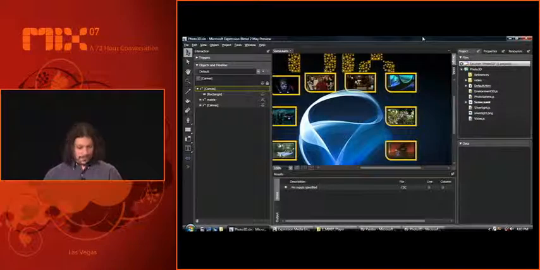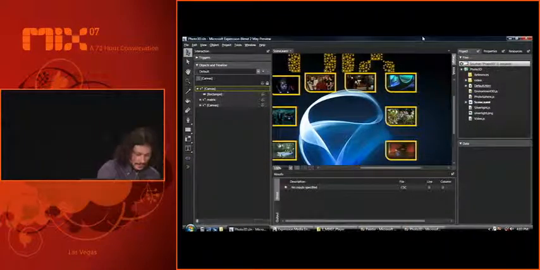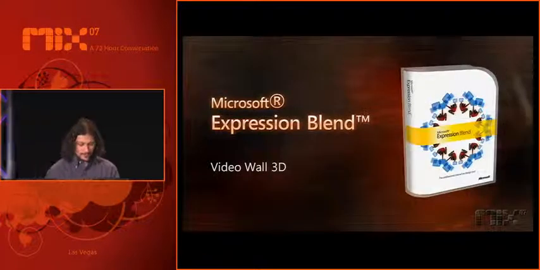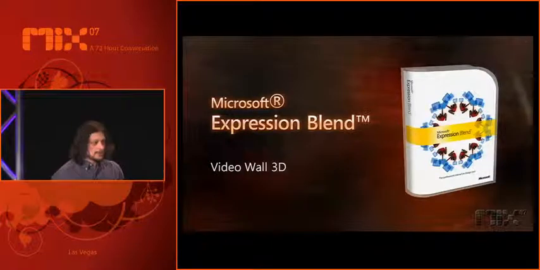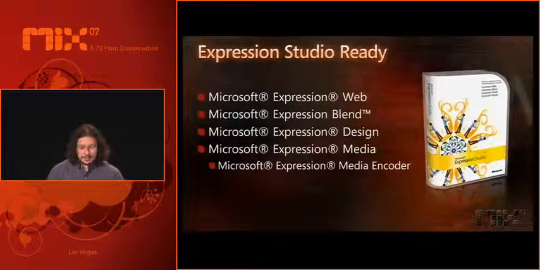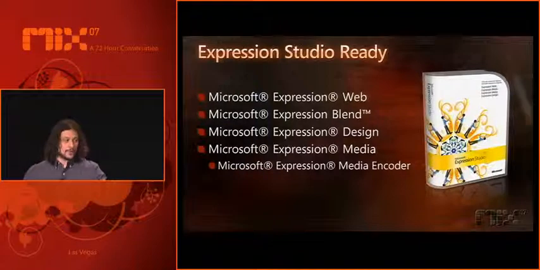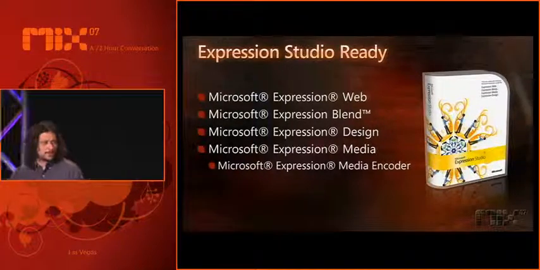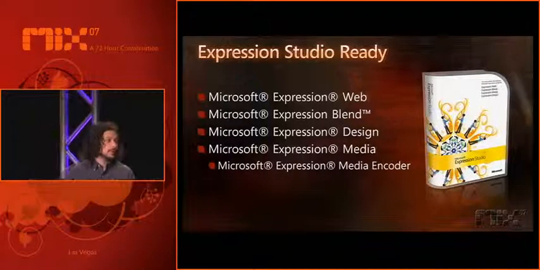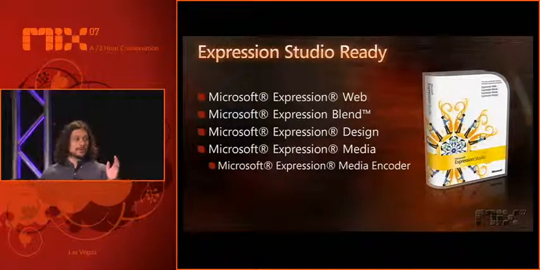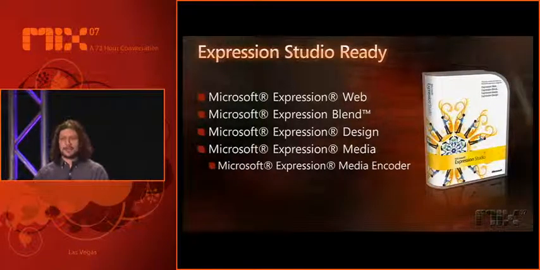So let me just switch here. Okay, so we just saw how the JavaScript is. So far we covered all the projects and all the tools that we were doing before. We have Expression Web, Blend, Design, and Media Encoder.